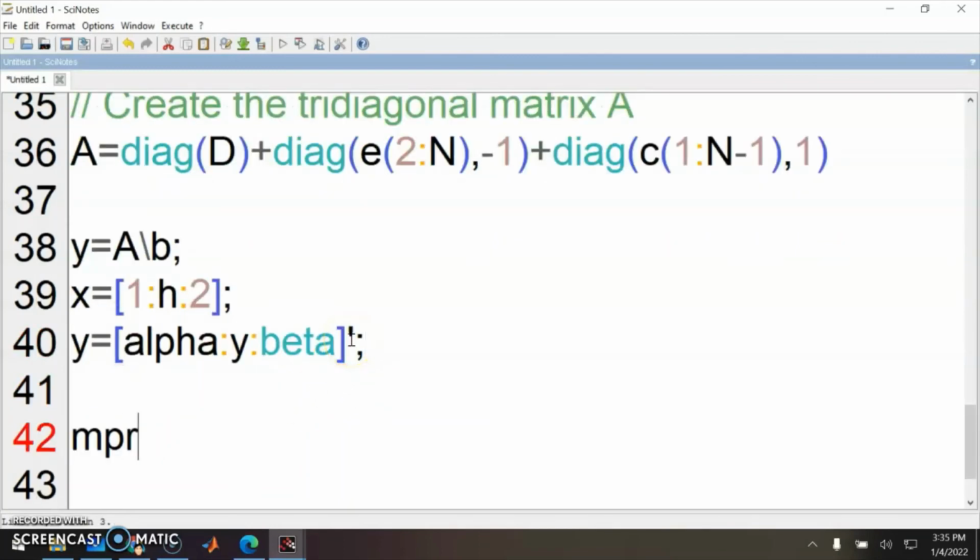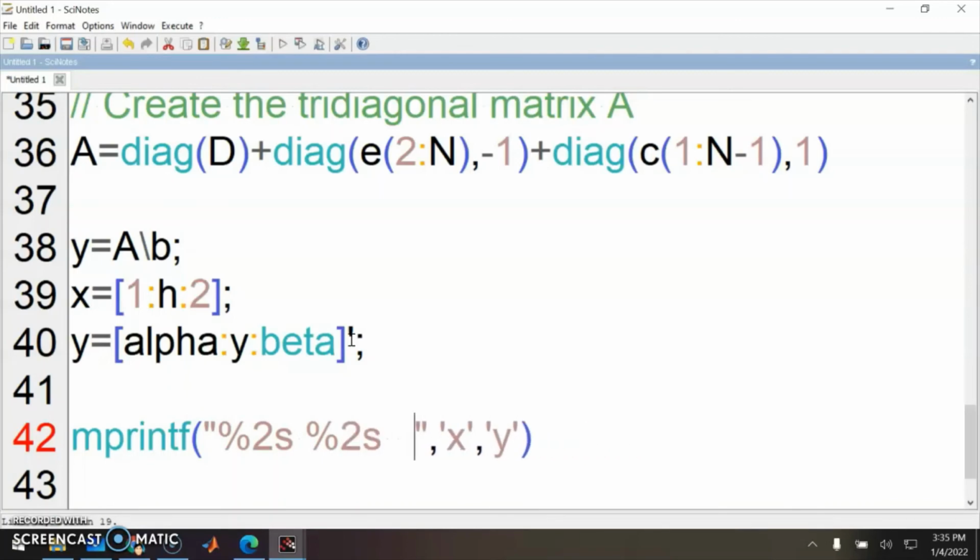To create the table, I can use mprintf. So this is to display the table that I want to have. My table should have the x values and my y values. Okay, so this is all my characters. So let's put %2s, %2s. That's it.